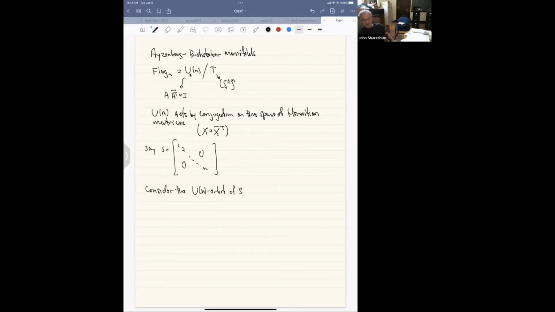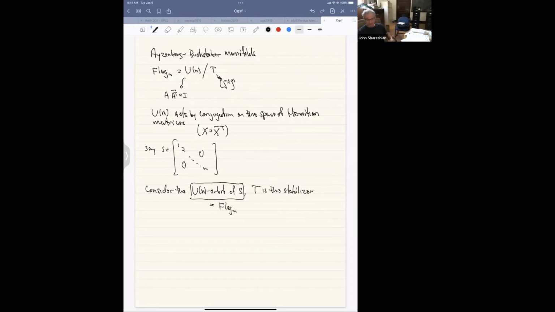It's all unitary matrices that commute with S, but commuting with S, because S is regular semisimple, means you're diagonal, and that's T. Every diagonal matrix in U_n is one of these here.